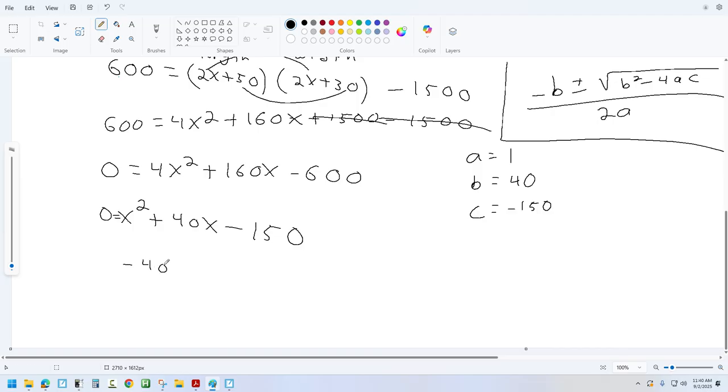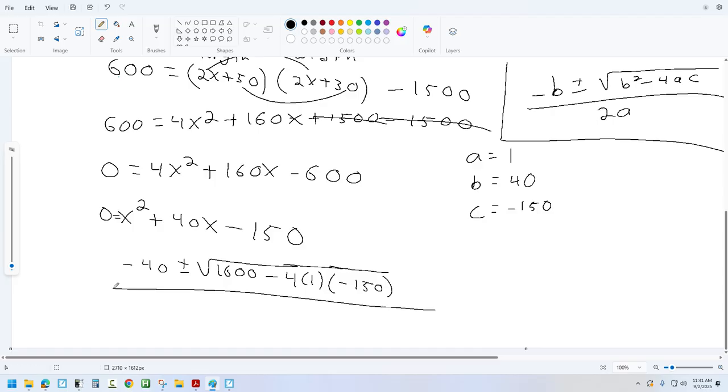So we get negative 40 plus or minus the square root of b squared, 40 squared is 1600, minus 4 times a times c, which is negative 150, all divided by 2 times a, which is 2 times 1.